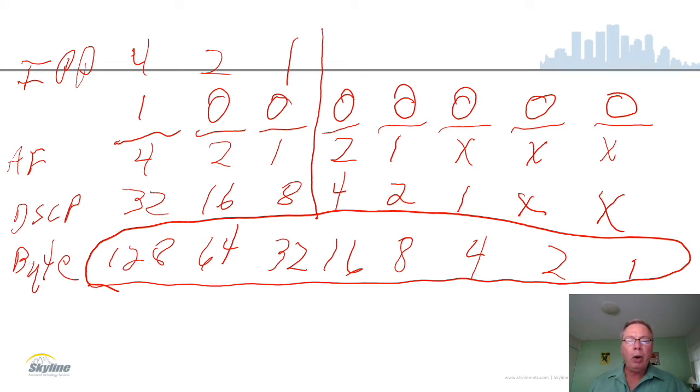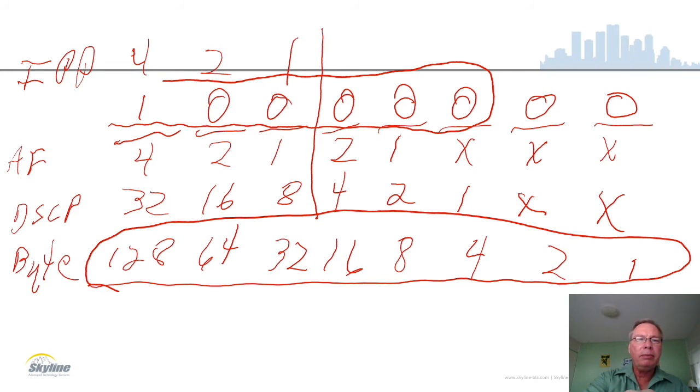Okay? So that most significant bit, which in IP precedence is a 4, when it comes to DSCP, remember I said the class selectors live right on the IP precedence border? So that also is CS4. But the difference is with CS4, that's going to mandate that it looks like this.